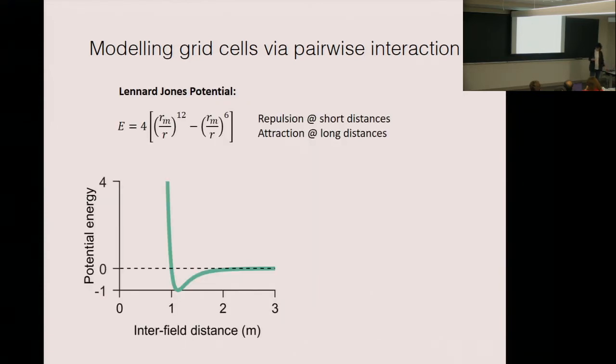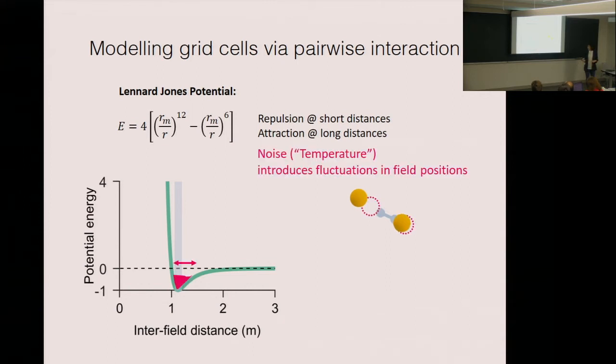which just means that, we don't use particles here, we use the fields, and fields close by repel each other, fields farther away attract each other, until they find this equilibrium distance between one another. We also introduce noise to the model, which just means how much a field is allowed to deviate from its equilibrium position.